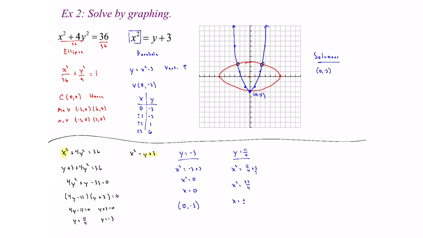Don't forget, you get positive or negative the square root of 23 over 2. So that leaves us with our last two solutions: the negative square root of 23 over 2 comma 11/4, and then the positive square root of 23 over 2 comma 11/4.